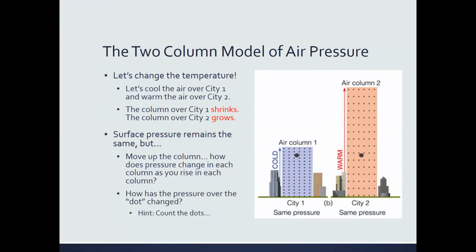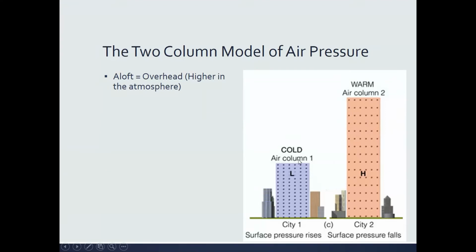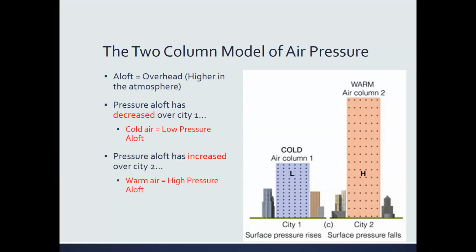So, again, if you take a look, even though the surface pressures are the same, aloft, that's a fancy word for higher in the atmosphere, you actually get low pressure that's developed over the cold column and high pressure over the warm column.